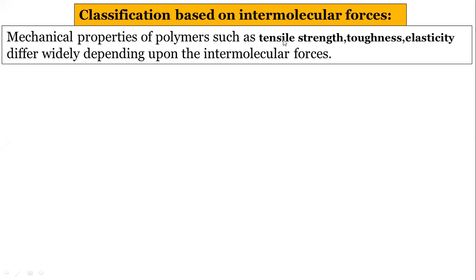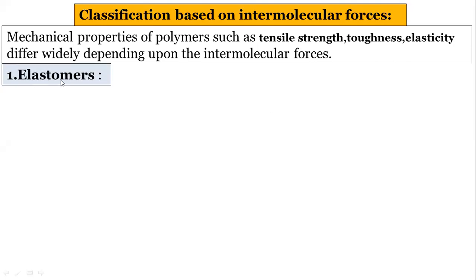For example, tensile strength. Tensile strength is nothing but the strength between the two molecules. Then toughness, that is called hardness, and elasticity. These properties widely differ, and they depend upon the intermolecular forces. If the intermolecular forces change, these properties also change. So we will take examples one by one.